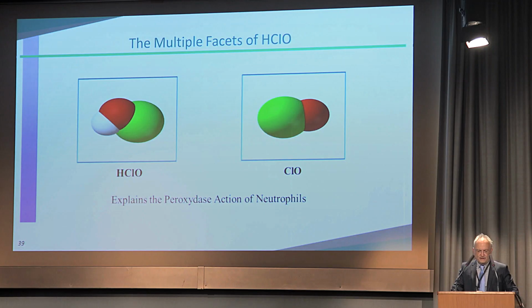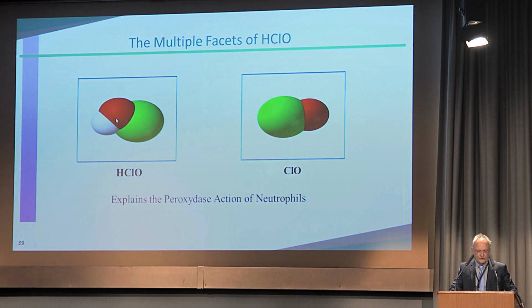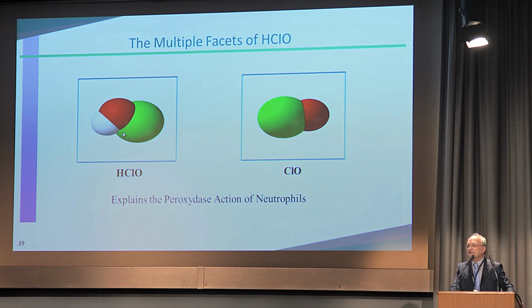The way we try to understand what we see with hypochlorite, it's an extremely simple molecule. You can see chlorine, hydrogen, and oxygen. You cannot get smaller as a medication. It goes everywhere.